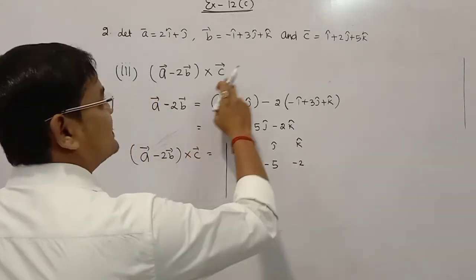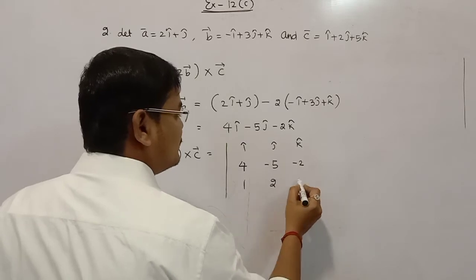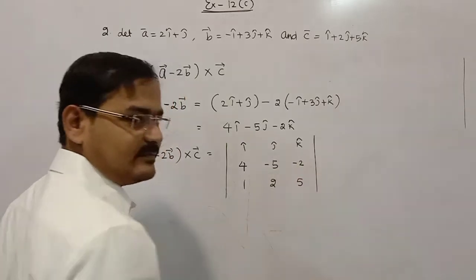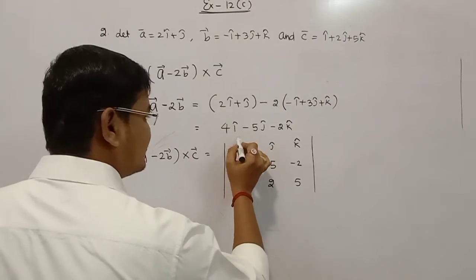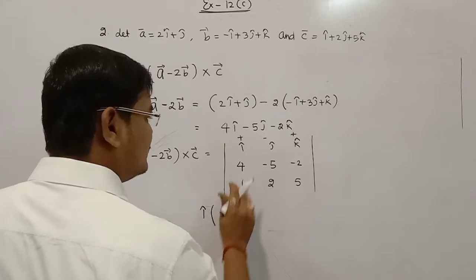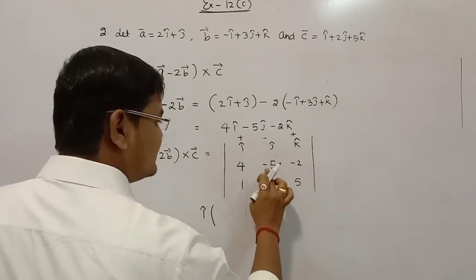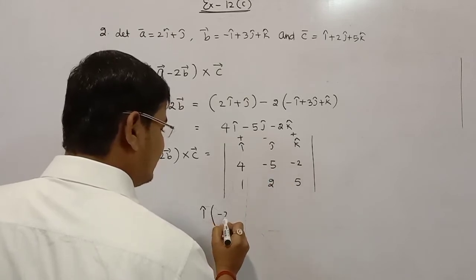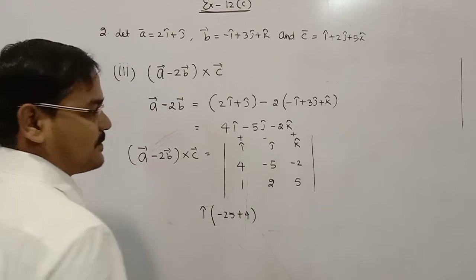Next, the c bar coefficients are 1, 2, 5. Now find the determinant. The signs you know are plus, minus, plus. That is i cap into, leaving the column and row of i cap, so multiply: minus 25, minus 4 means it will become plus 4.